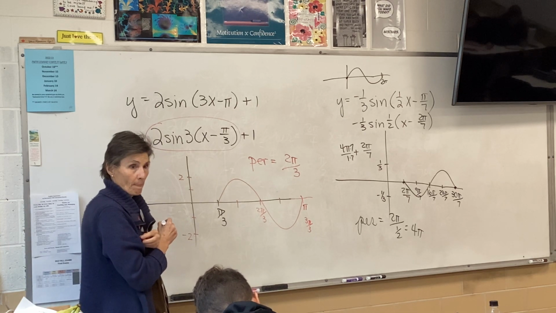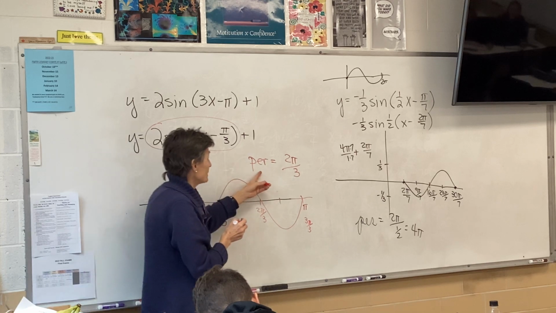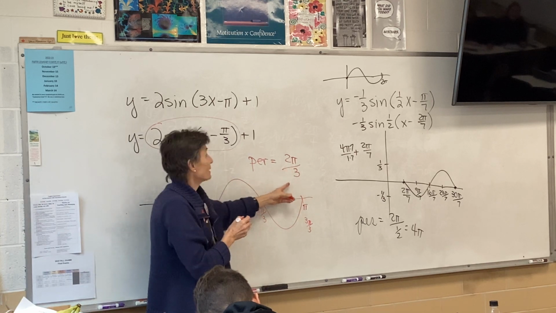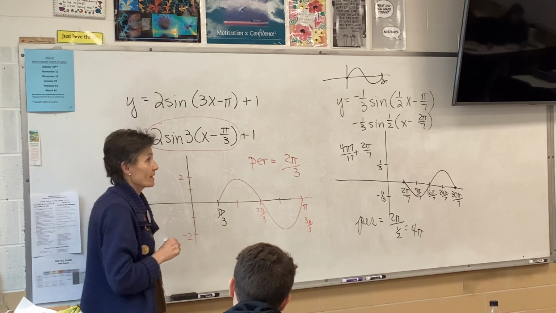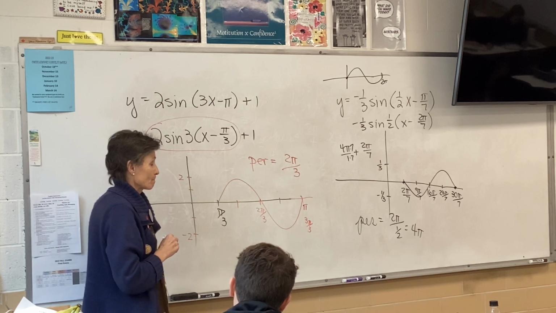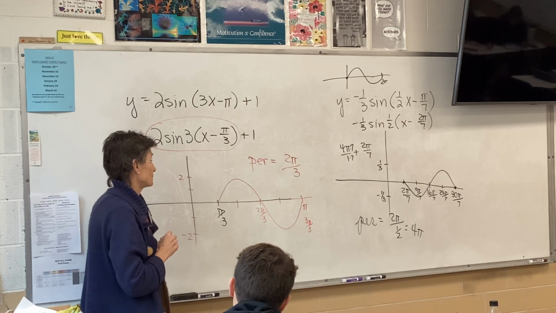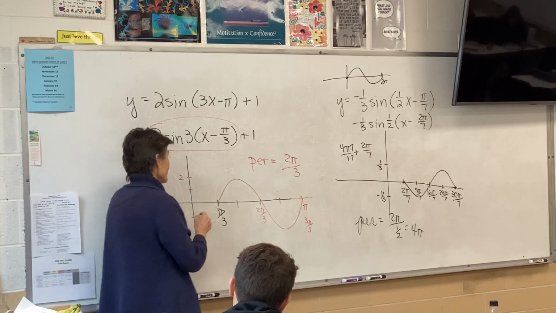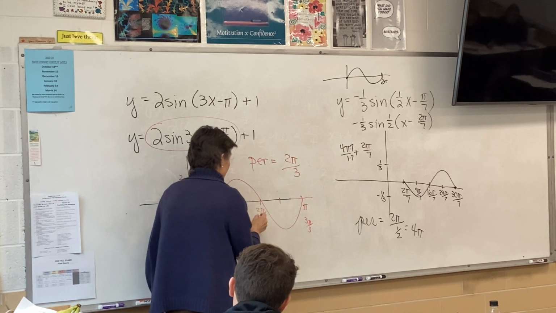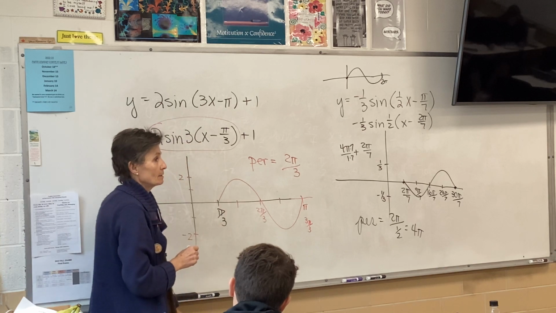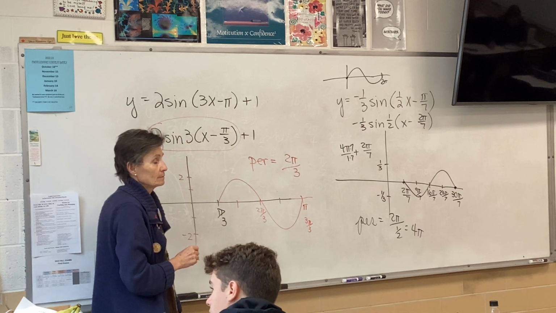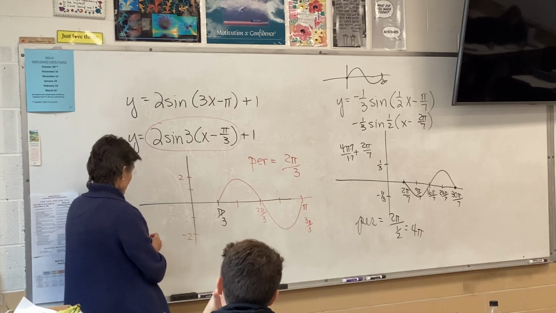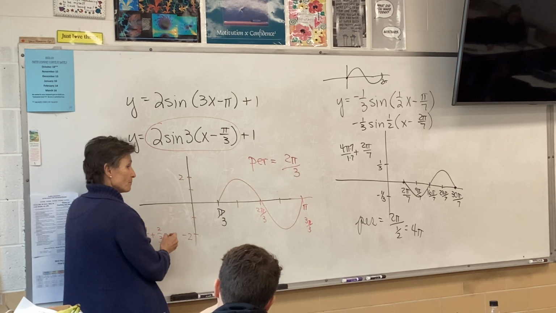Where'd you get the 2/3? The period is always 2 pi divided by this number. We gotta know that. We gotta know it to do the next problem. Now, what's halfway in between 1/3 and 2/3? Well, what's 1/3 plus 2/3?